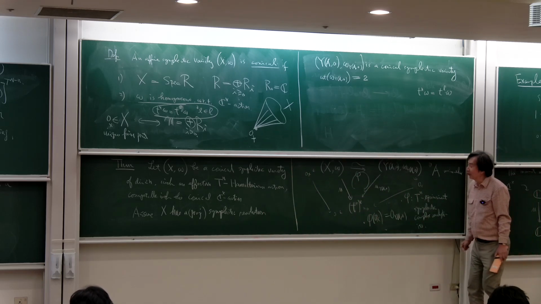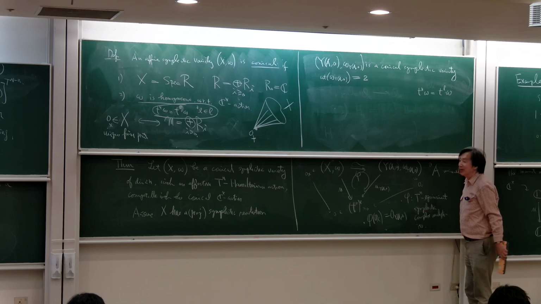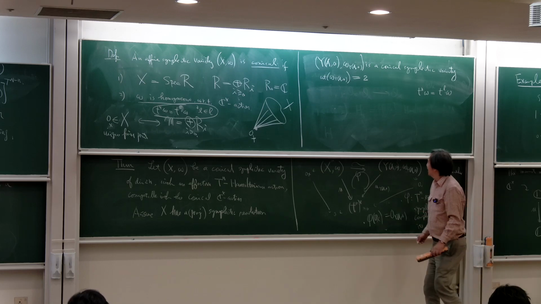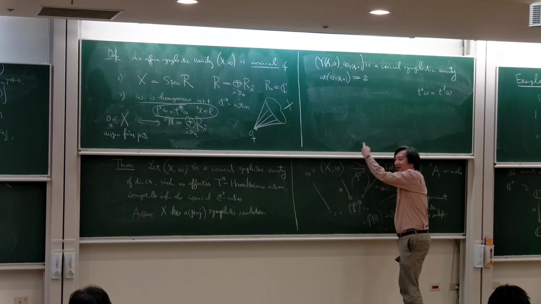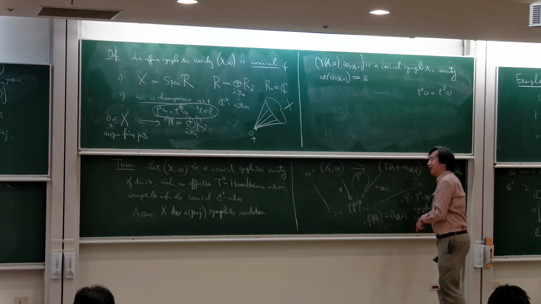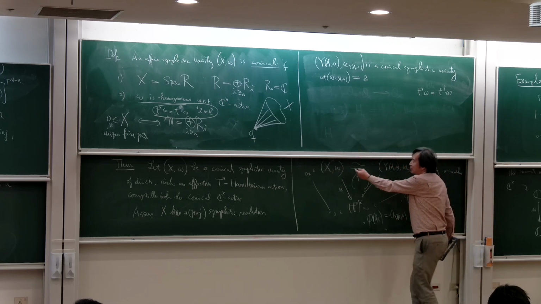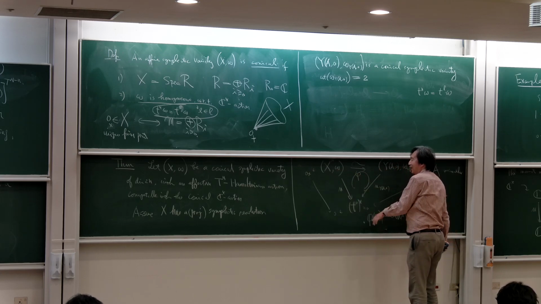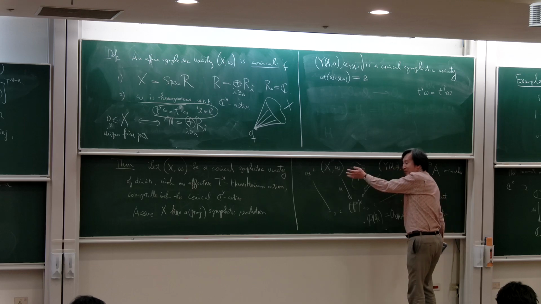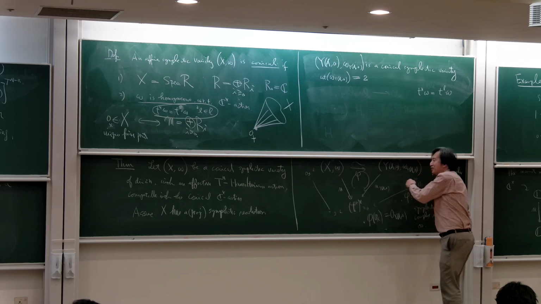No, not necessarily in my proof. But we hope that if you take some good C star, if you change the conical C star action, then this can be taken commutative with both C star, conical C star actions.